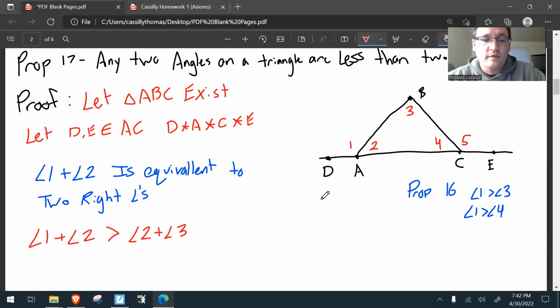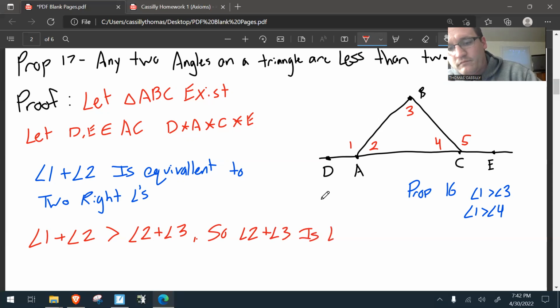Because angle 1 has to be greater than angle 3. Therefore, angle 2 plus angle 3 is less than our two right angles.